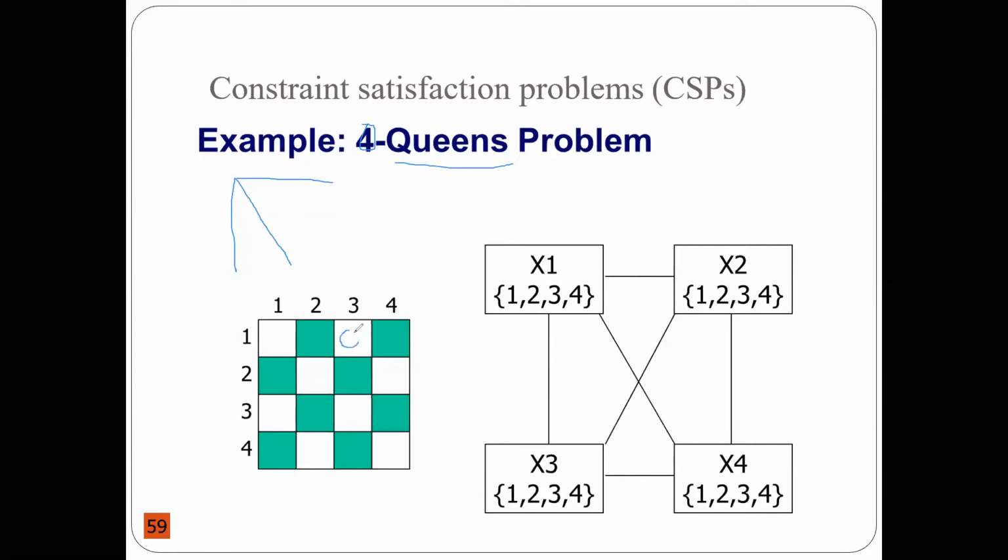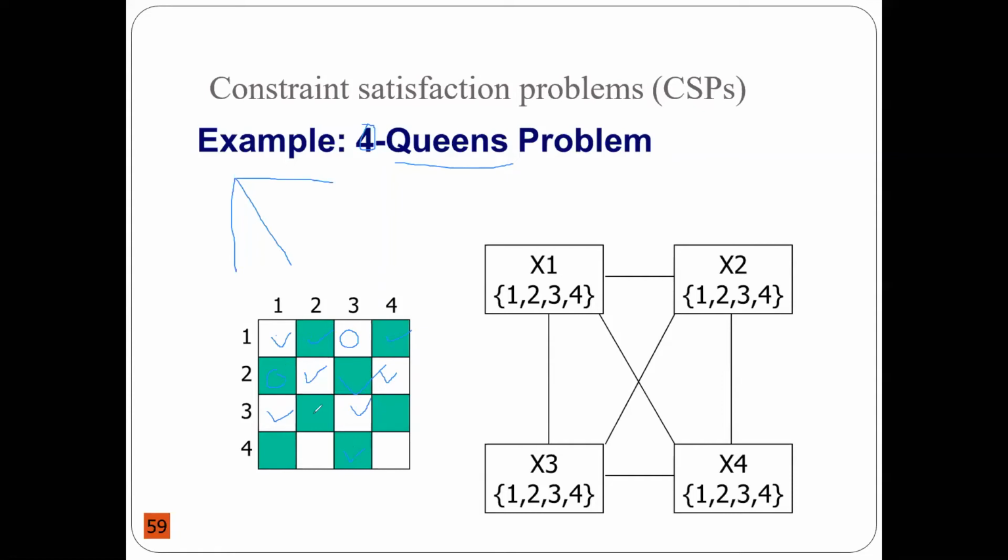Suppose we put the queen in this location, so we cannot place the next queen in this and this location. Again at this location, and this is again the diagonal part. So in the next row we have to place the queen at this location.